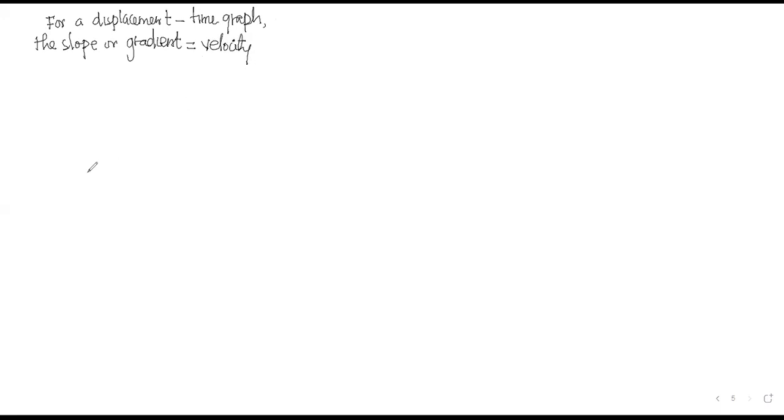So that is one key thing you can identify. The slope is equal to the velocity of the body.